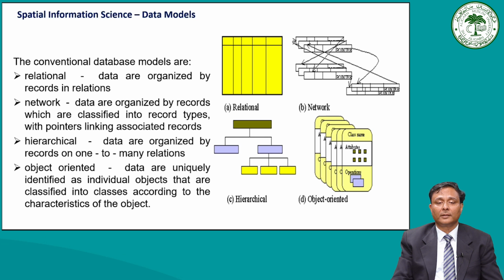Another can be the object-oriented model, where data are uniquely identified as individual objects that are classified into object types or classes according to the characteristics. Characteristic means attributes and operations of the object.